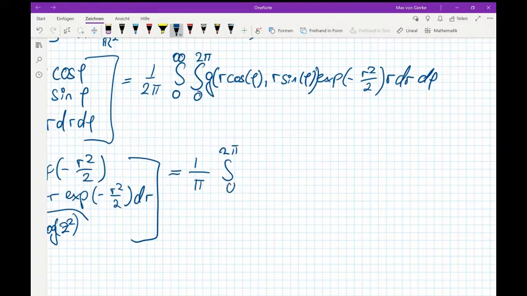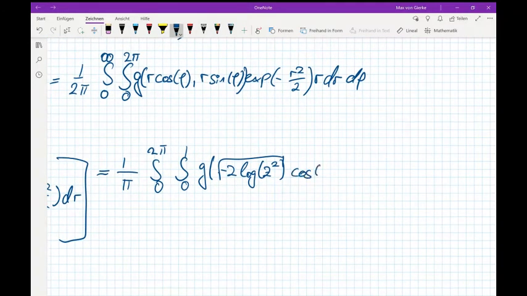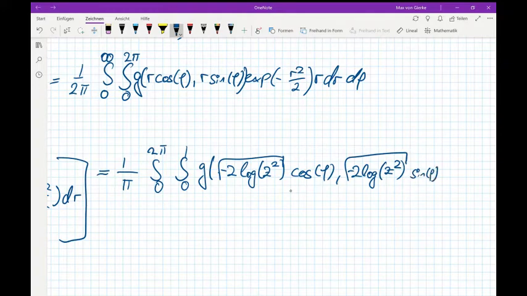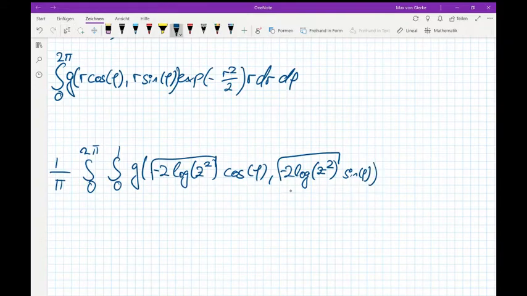Integral from 0 to 2 pi, be careful about the integral boundaries again, integral from 0 to 1 of g of the square root of minus 2 log z squared cosine phi, the square root of minus 2 log z squared sine phi, z dz d phi.